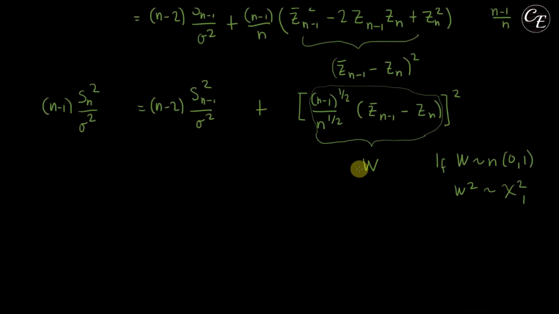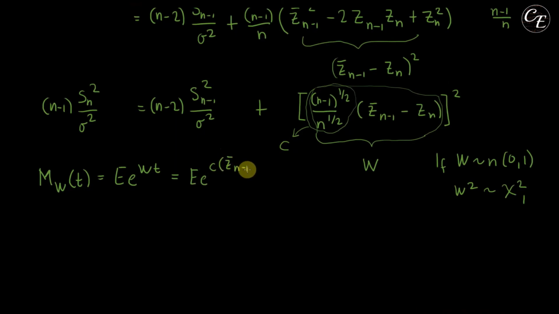So now let us determine the moment generating function for W. This is equal to expectation of e raised to W t. Let me put it as small c. So we have here expectation of e raised to c times z bar n minus 1 minus z sub n, times t.